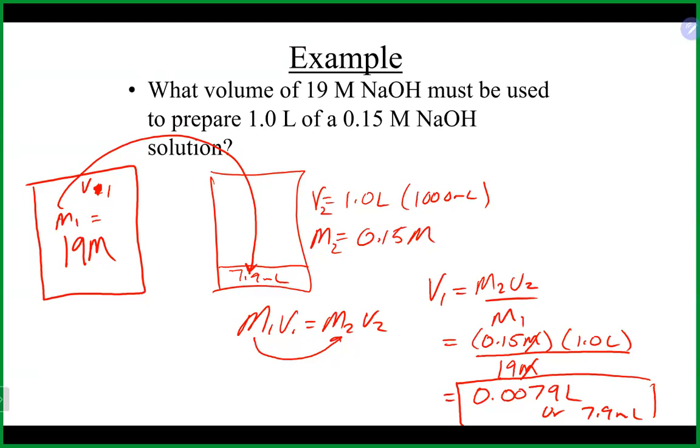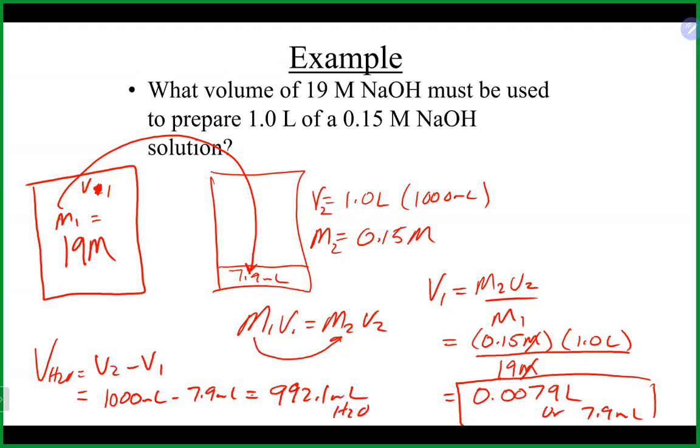So to figure out how much water, as we were talking about, I think the other day, in this case, the volume of water would actually be V2 minus V1. I'll just do it in milliliters. So we want 1,000 milliliters minus our 7.9 milliliters. Roughly, we would need about 992.1 milliliters of water to go with that.